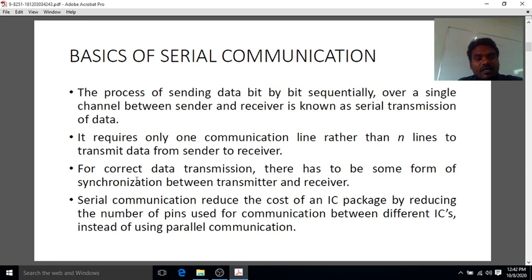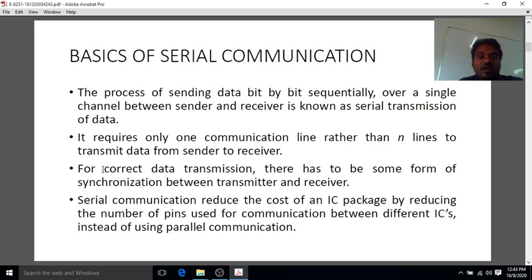For correct data transmission, there has to be some synchronization between the transmitter and receiver. For example, if I want to transmit the data 1110 from the transmitter to the receiver, I have to assure that this 1110 is received by the receiver.